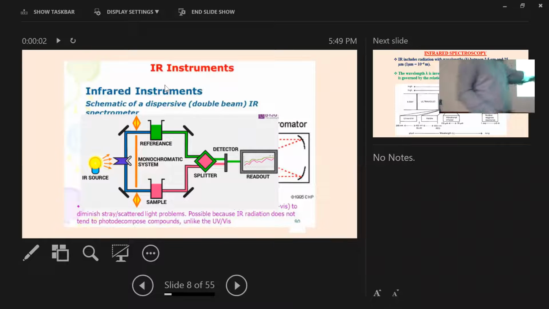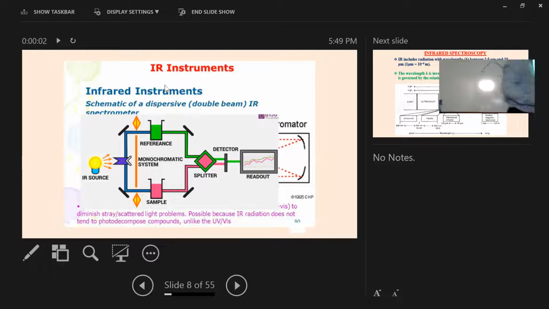So if the light source has the energy just like this, the water molecule will absorb. So if you give the molecule, here is our sample. Now we are getting the light from this.